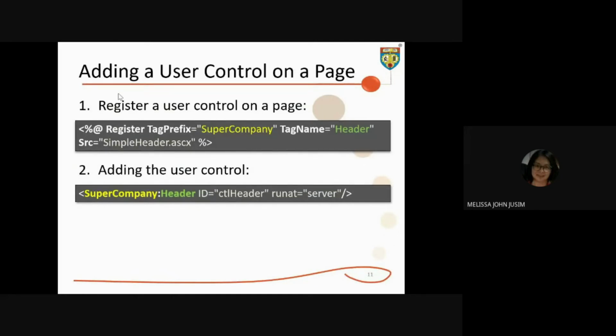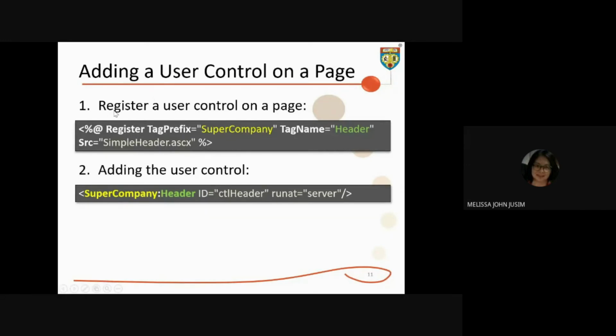To register, the syntax is given here. Take note of the tag prefix and also the tag name, because you will use this tag prefix and tag name when you add the user control. And then the source attribute is the name of your user control, the .ascx file.